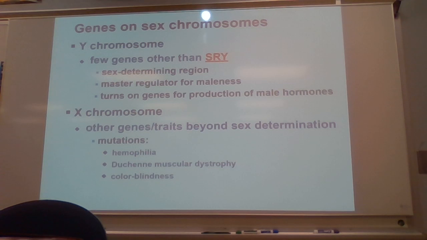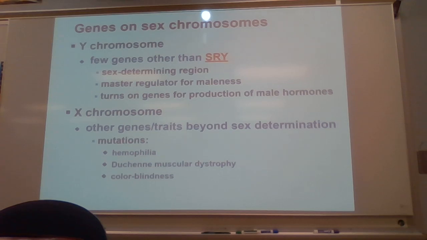So, the Y chromosome is a pretty small chromosome. There are actually very few genes on it, other than the SRY gene, which is the vital gene for determining sex. So if you have the Y chromosome, you have this SRY gene, and that tells your reproductive system to develop as male.